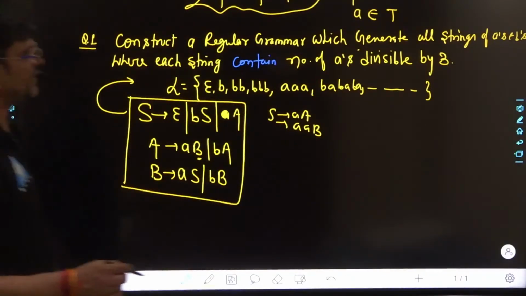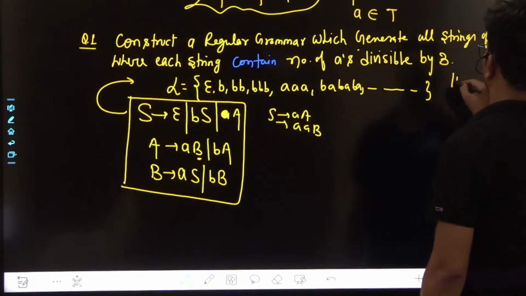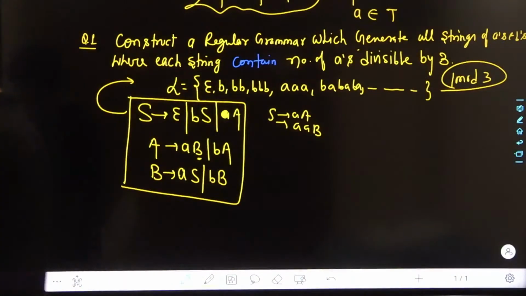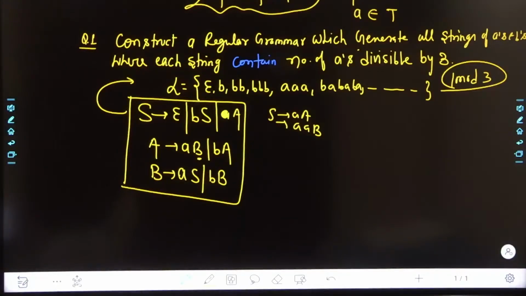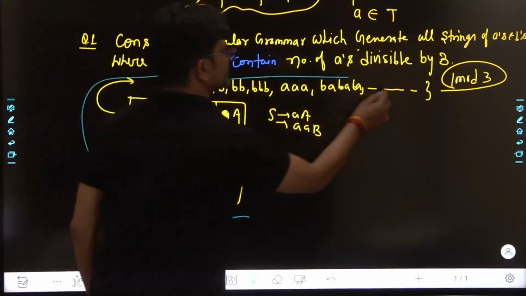Now, another question. Number of A's is 1 mod 3. It means when we divide the number of A's by 3, the remainder is always 1. So what are the strings that are present in the language?